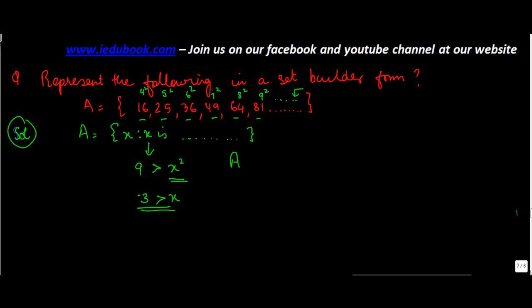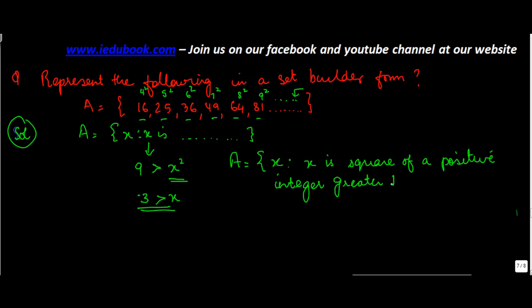So we write it as A is equal to x such that x is square of a positive integer greater than 3.